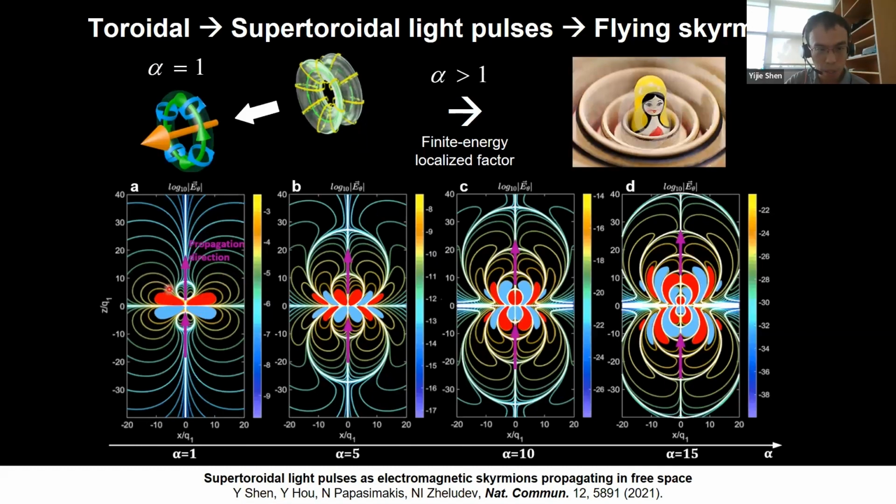As you can see, the singularity in the electric field with increasing alpha shows a fractal-like extension, layer by layer, just like a matryoshka-like structure. So we can observe multi-layer donuts in the matryoshka electromagnetic field.